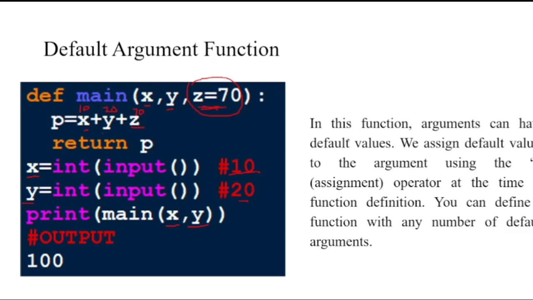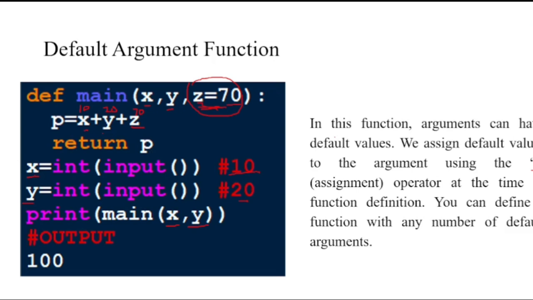So let's read this. In this function, arguments can have default values. So this argument is having a default value of 70.